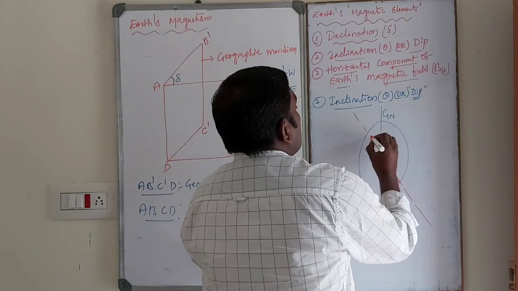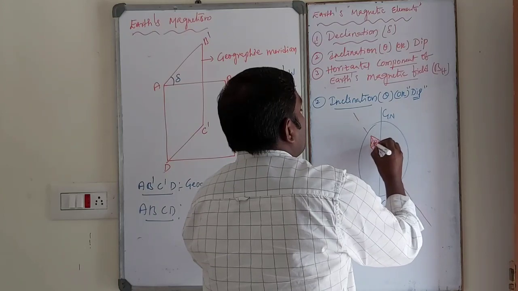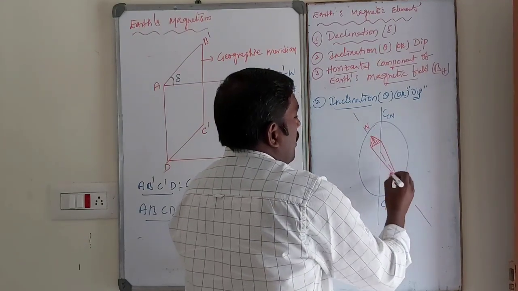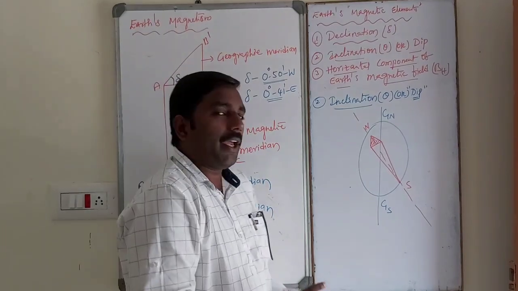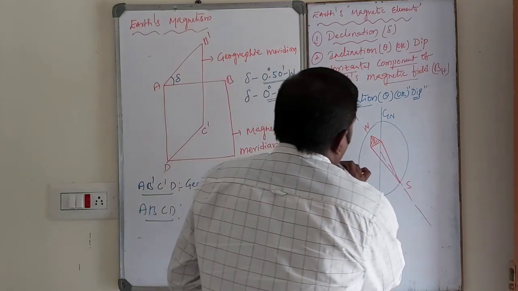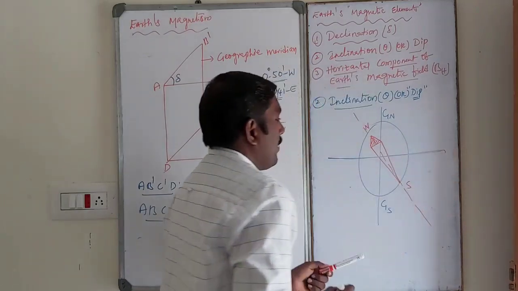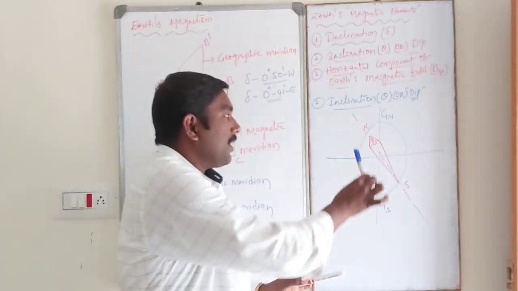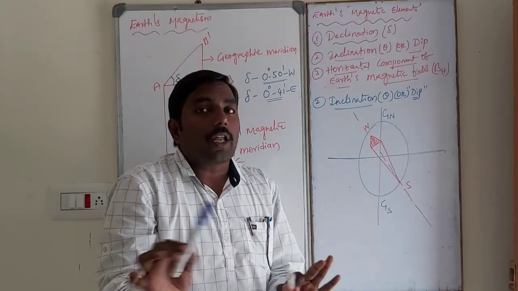This is the North Pole of the needle. This is the South Pole of the needle. Of course, this is the horizontal line. So a magnetic needle or compass needle suspended freely in air comes to rest along the direction of geographic north and south approximately, not accurately.